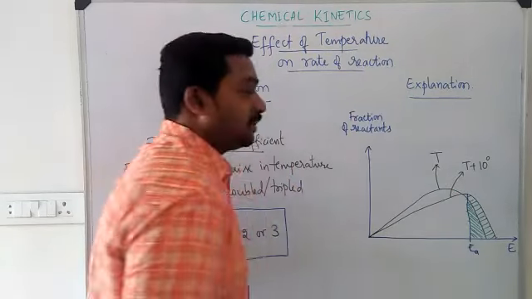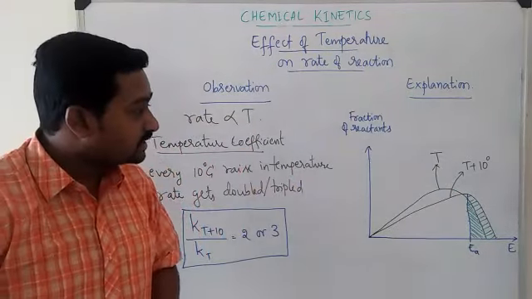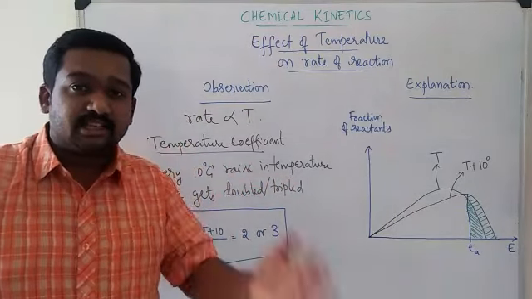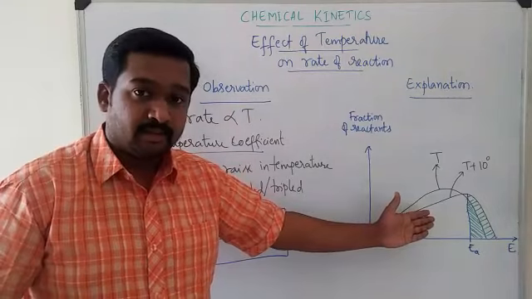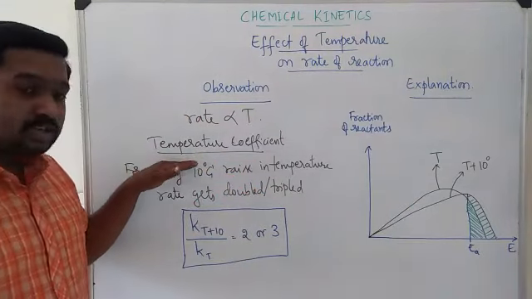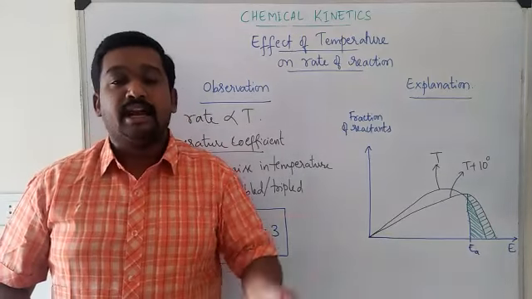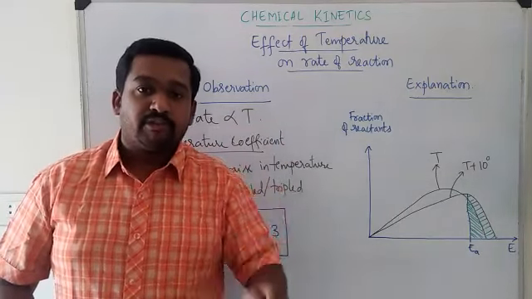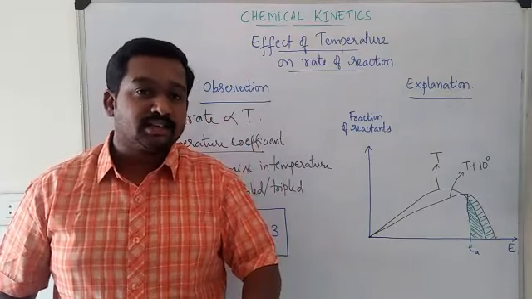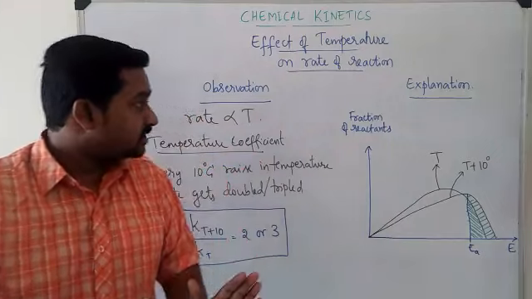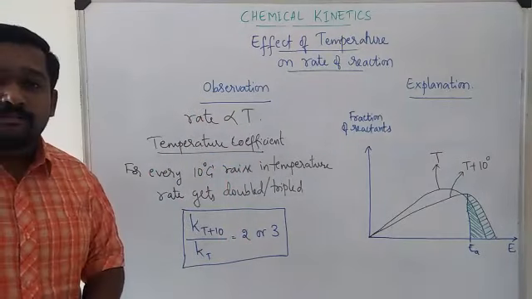For every such 10-degree rise in temperature, the reaction rate gets doubled because of this. As there is an increase in temperature, there will be more kinetic energy for the molecules and more effective collisions, causing more molecules to become product. So this is the effect of temperature.